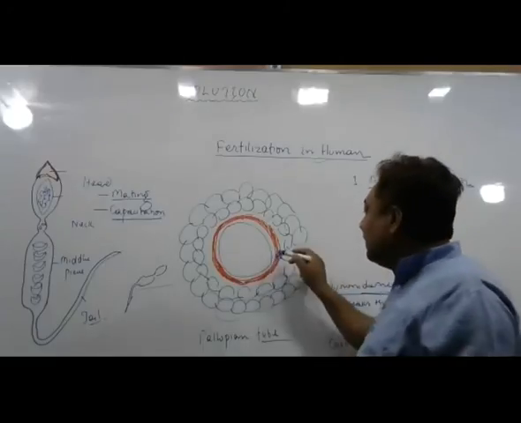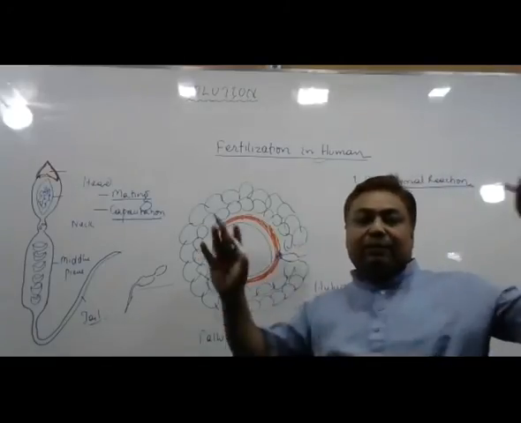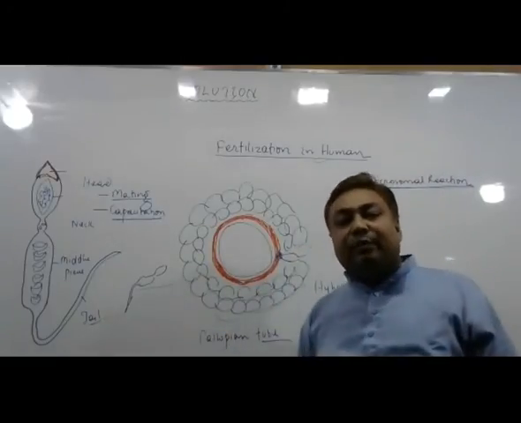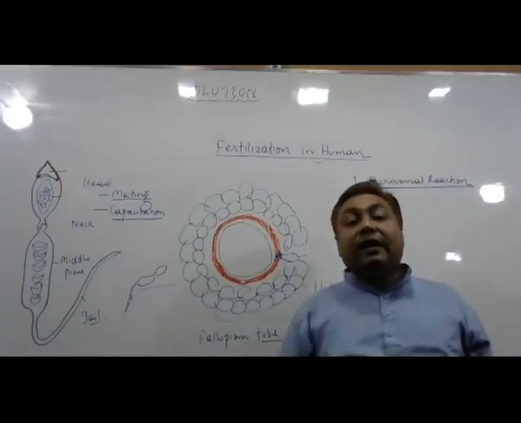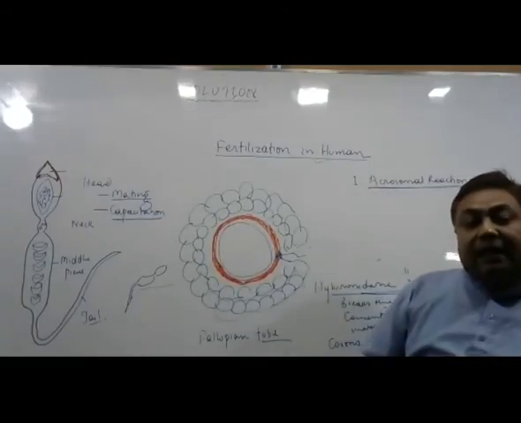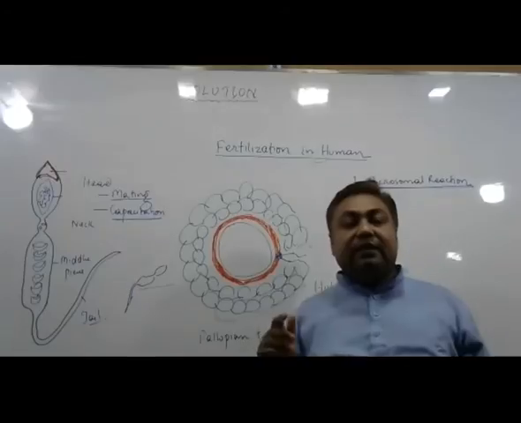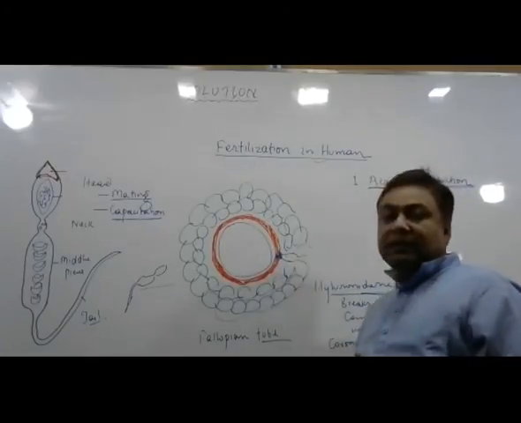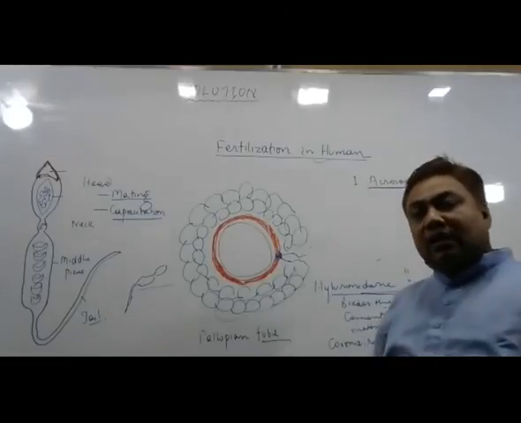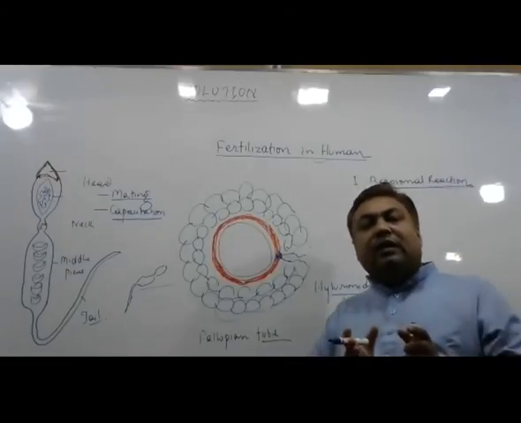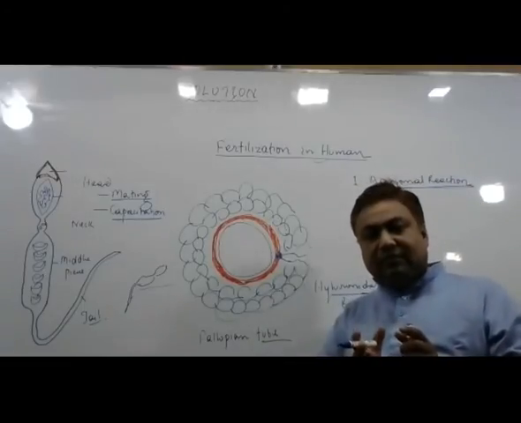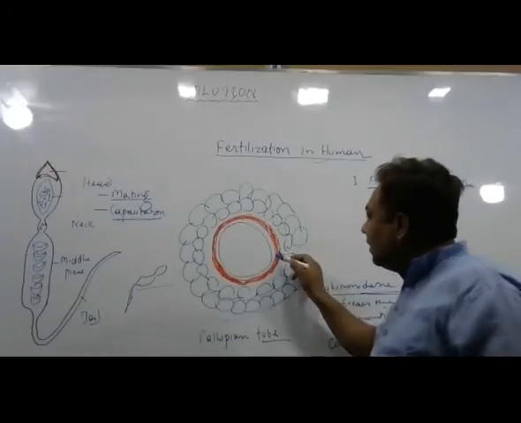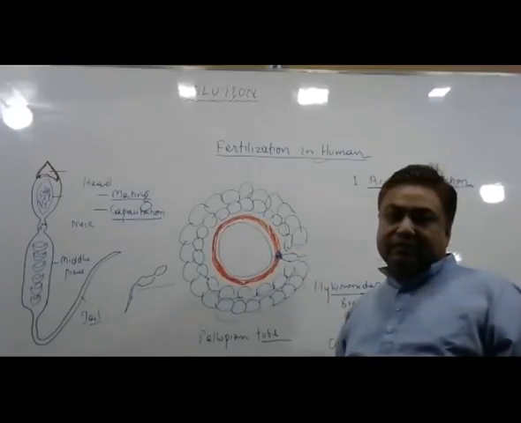The zona pellucida gives a tree-like appearance. It is made up of several chains of glycoproteins, and they have a tree-like appearance here. So when the acrosome releases the hormone lysine, it degrades the zona pellucida layer.